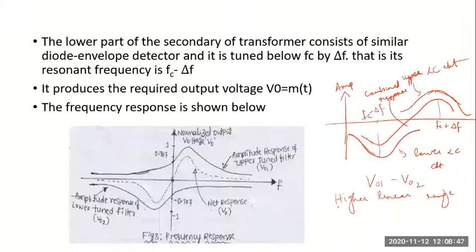So higher linear range, better stability, and linear response. So this is about the working of a dual slope detector or a balanced discriminator, and its frequency response characteristic is the one in the center.